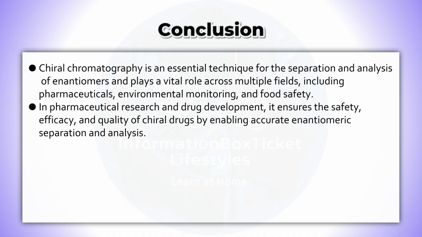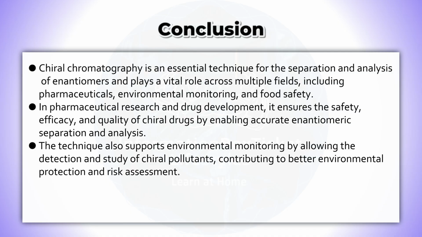In pharmaceutical research and drug development, it ensures the safety, efficacy, and quality of chiral drugs by enabling accurate enantiomeric separation and analysis. The technique also supports environmental monitoring by allowing the detection and study of chiral pollutants, contributing to better environmental protection and risk assessment.